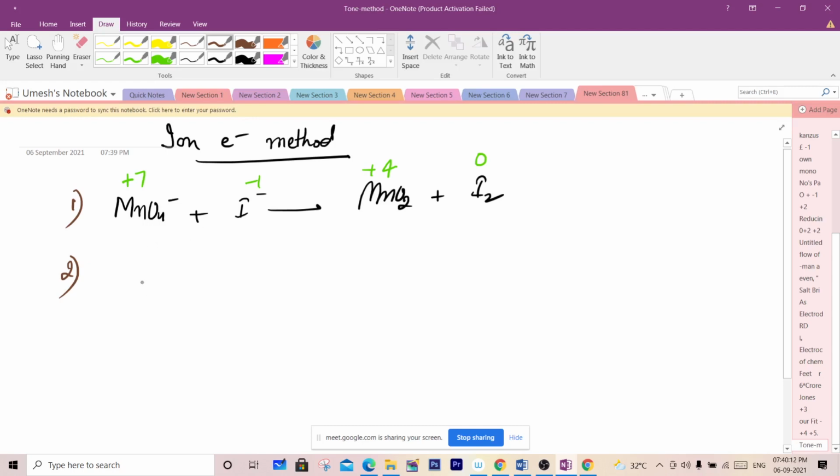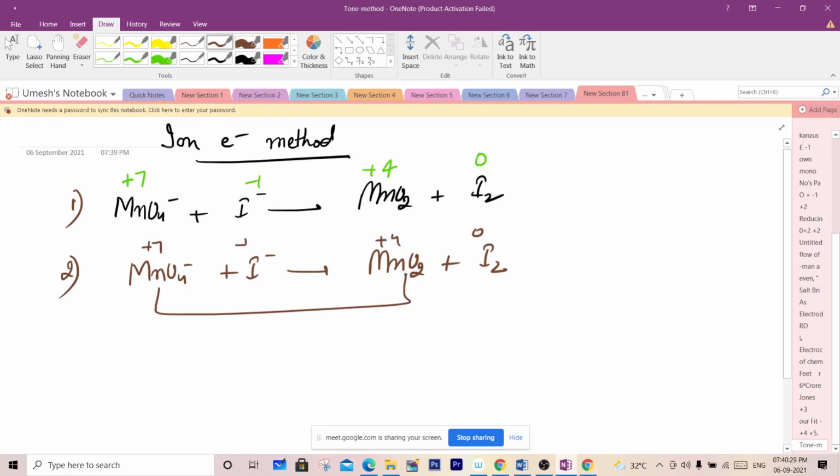Next step, determine the oxidation and reduction. You can see decrease in oxidation number is reduction here, and this is the oxidation here.